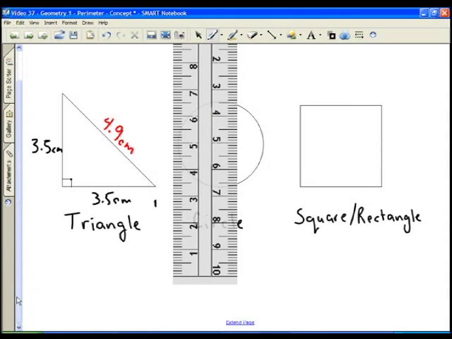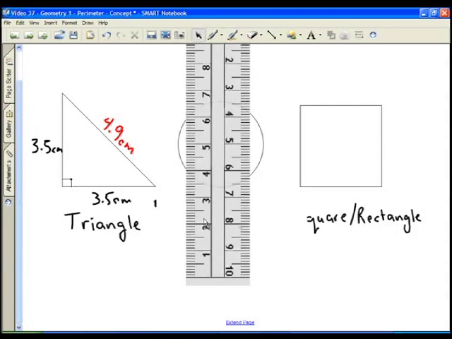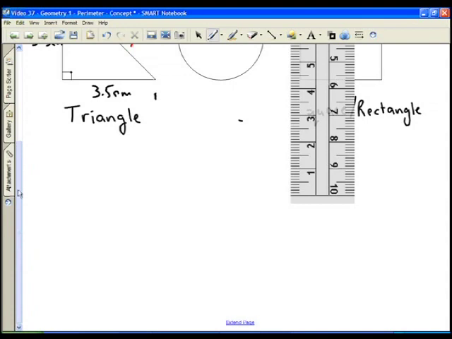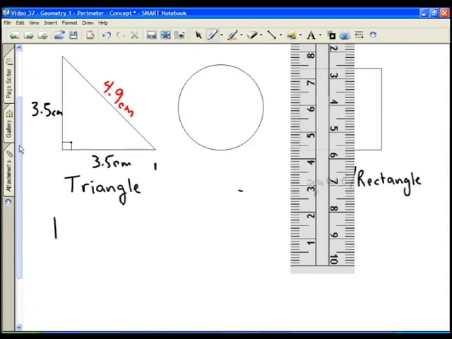So if we're calculating the perimeter of this object, we just need to simply add up the distance around. So the perimeter, which we give capital letter P, will be equal to 3.5 plus 4.9 plus 3.5.